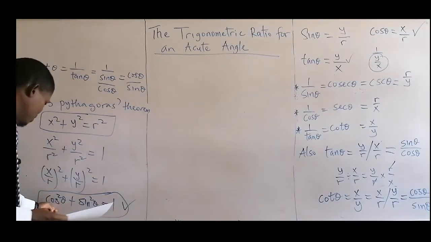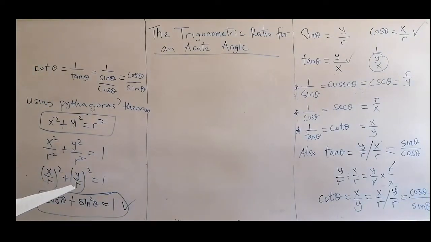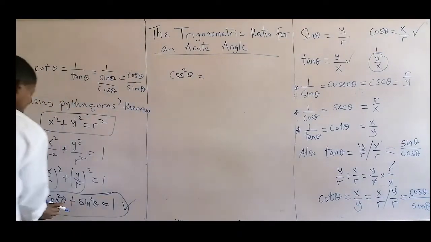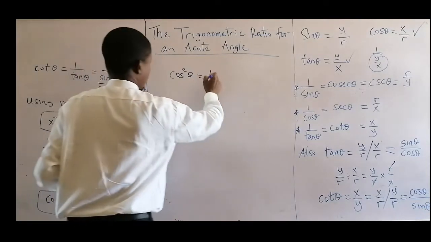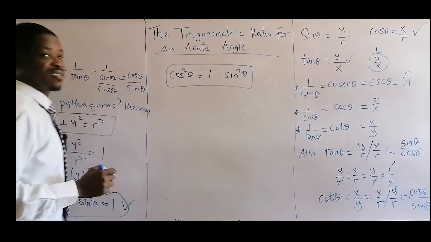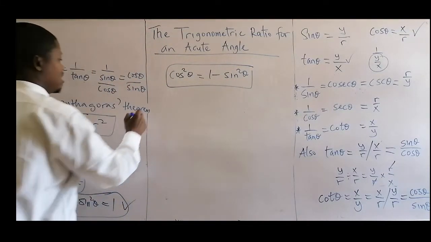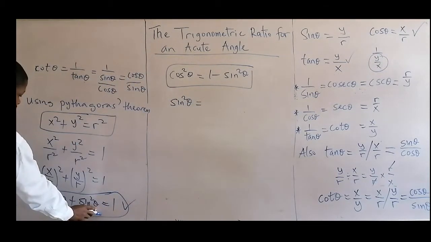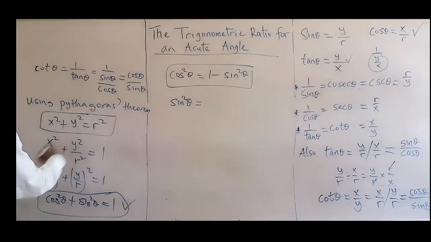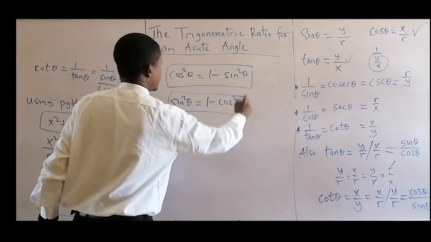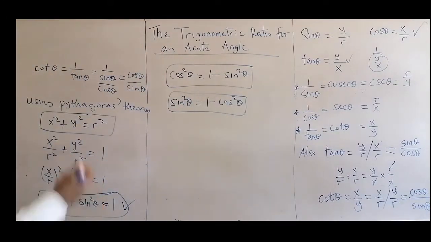Depending on the needs that arise, you can make cos squared theta the subject: move sine squared theta to the other side, so cos squared theta is 1 minus sine squared theta. You can also make sine the subject of the formula: sine squared theta is equal to 1 minus cos squared theta. Depending on the needs, there are times that warrant such a making of subjects.